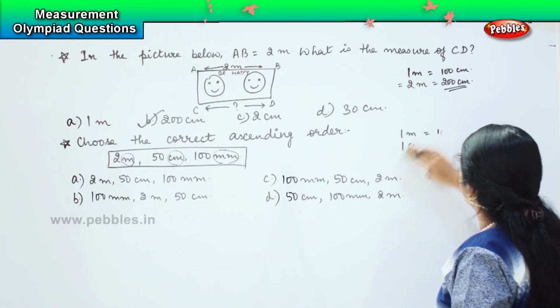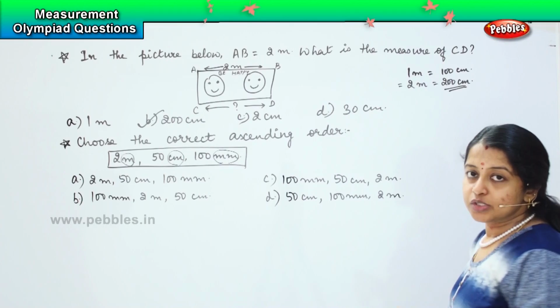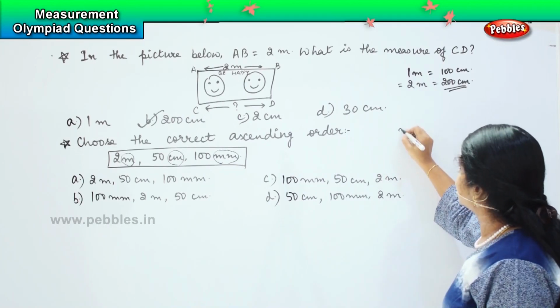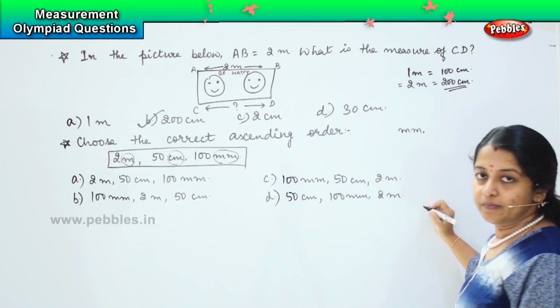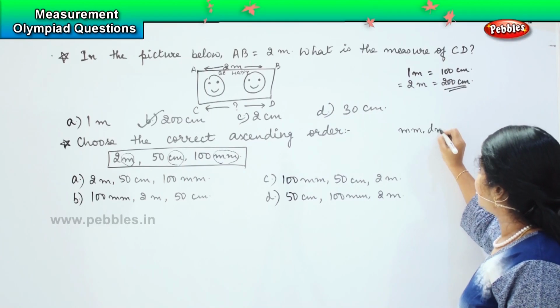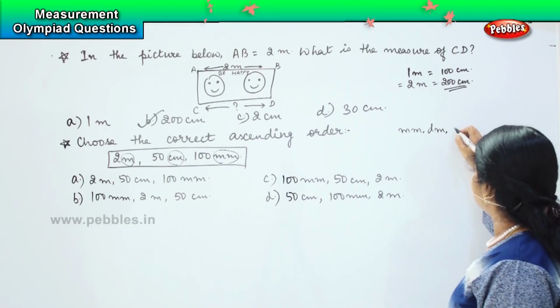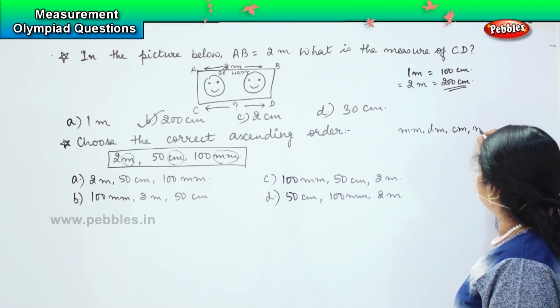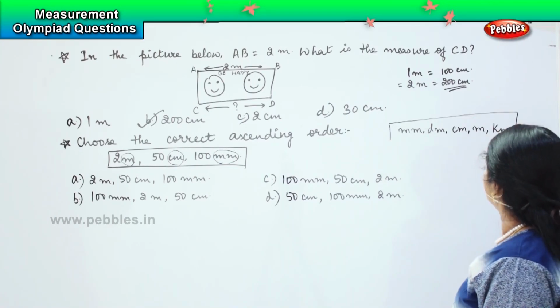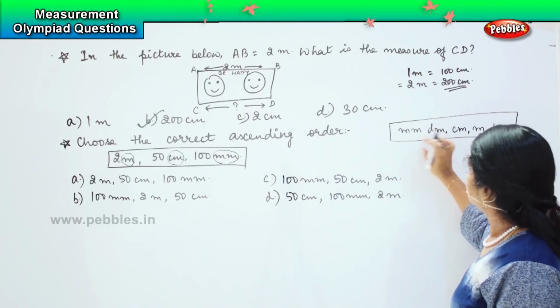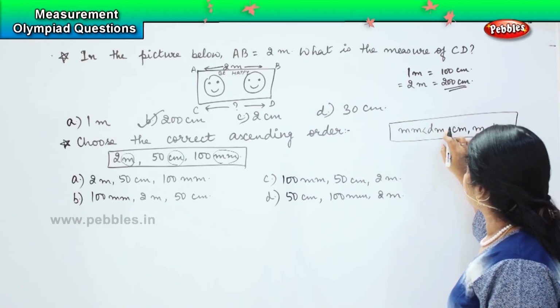If you notice the sequence of length, first will be millimeter, then decimeter, then centimeter, then meter, then kilometer. This is how it will go, right? So you can put it like this.